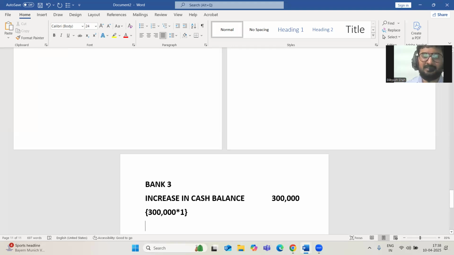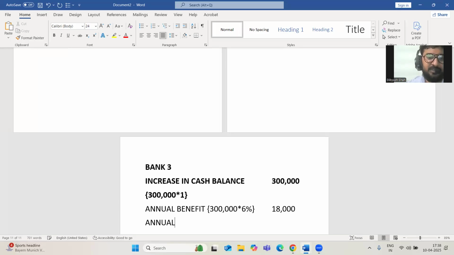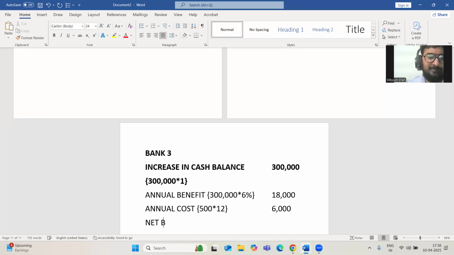I am earning 6% on this, so my annual benefit is 3 lakh into 6%, 18,000. And my annual cost, the bank is only charging me 500 per month, so 12 months, 6,000.